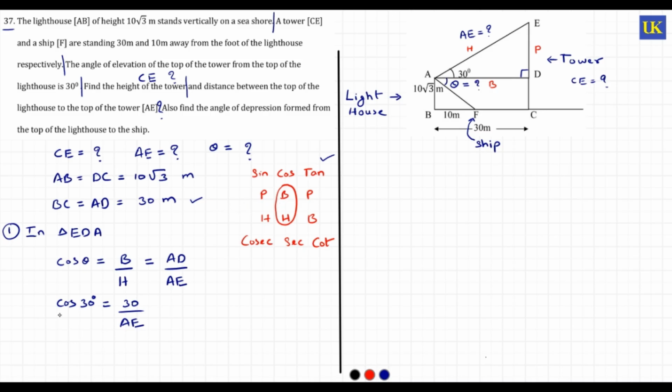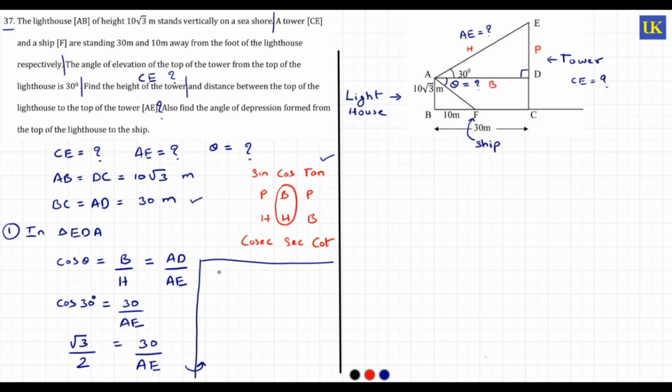Using that table, the value of cos 30 degrees is root 3 by 2. Then 30 as it is and AE as it is, we'll write. Now, just draw one small line here. We'll continue our solving here.